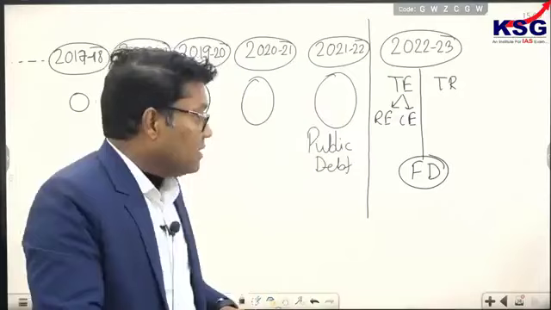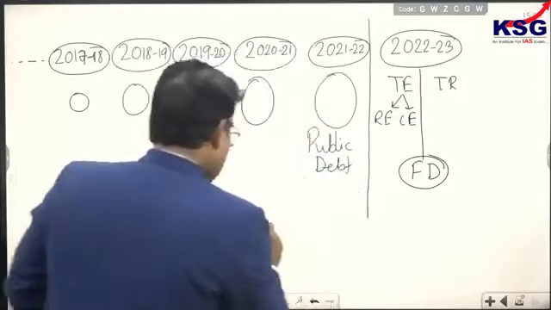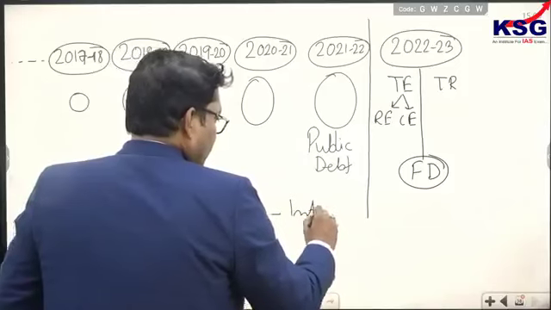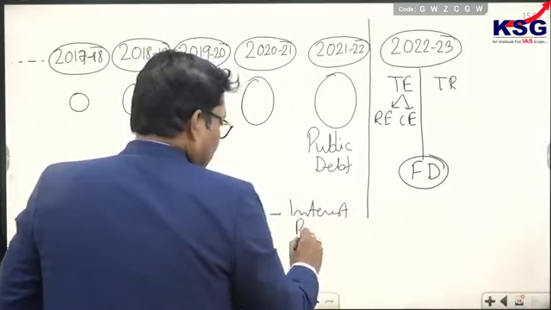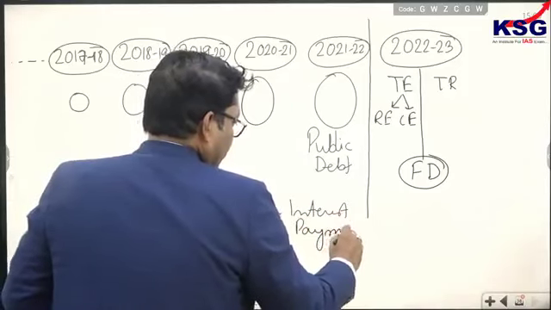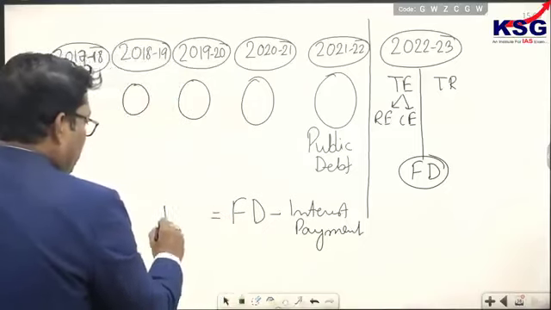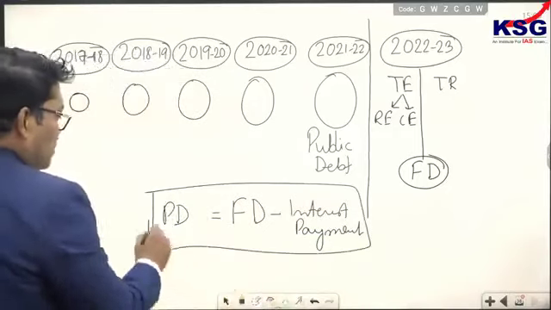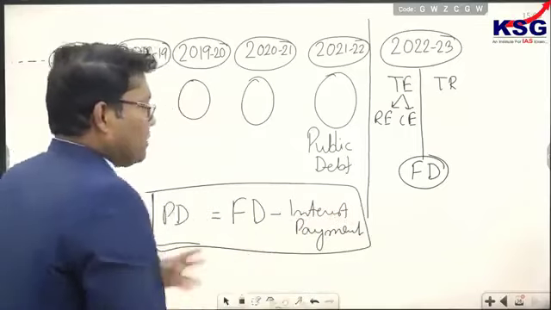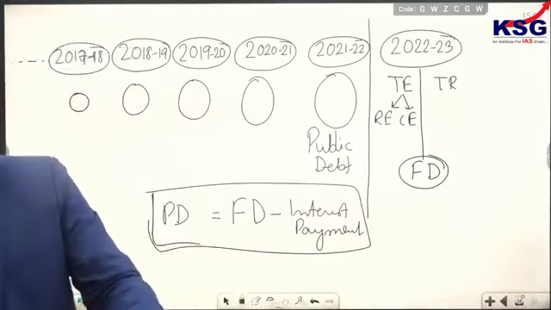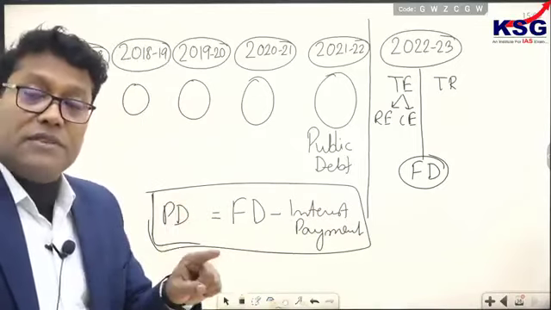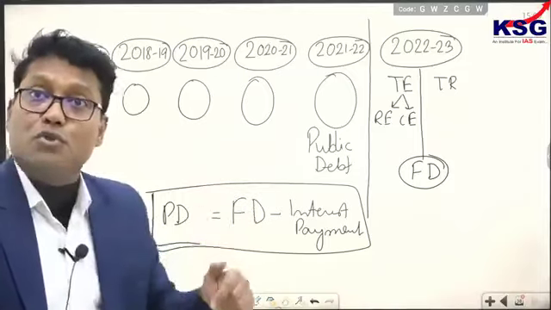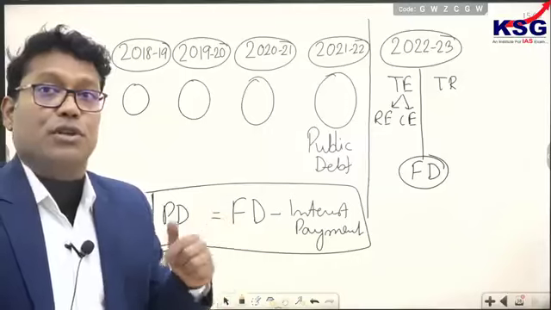So if you subtract the interest payment from FD, it gives you PD, the primary deficit. When you subtract the interest payment from FD, you get the primary deficit, and this primary deficit represents the deficit due to the current fiscal policy of the government.